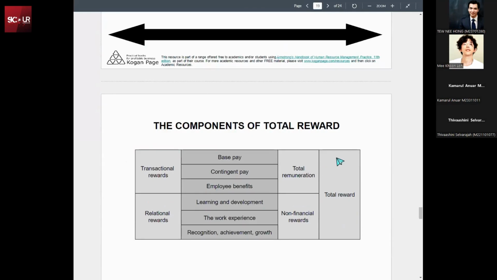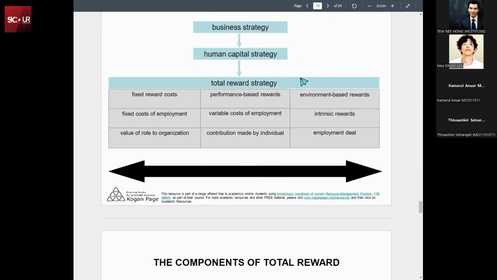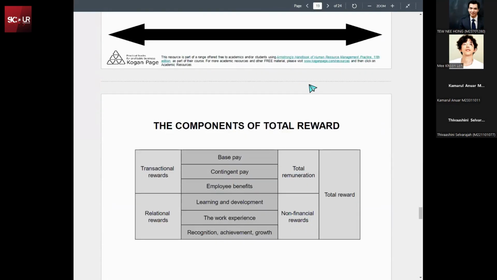And then, after we look at the model, we must put ourselves to focus on the component of total reward.